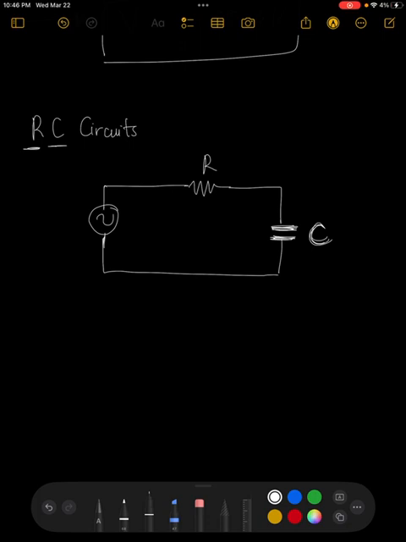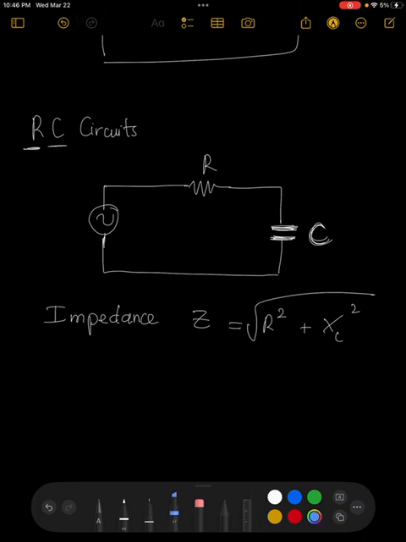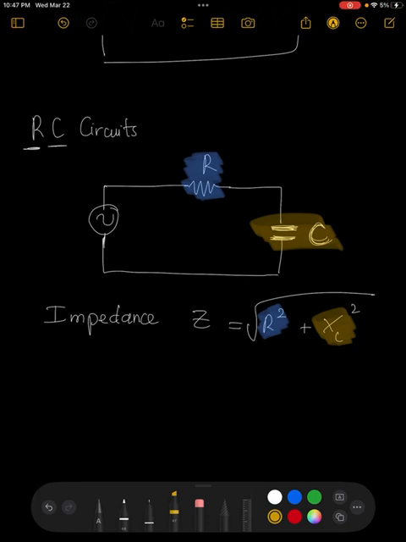Now the impedance in this AC circuit is called Z, and it's the square root of the sum of squares, because you have your R. The impedance is no longer simply the capacitive reactance from the previous case, but it has the resistor and the capacitor, so it's the two of them combined.